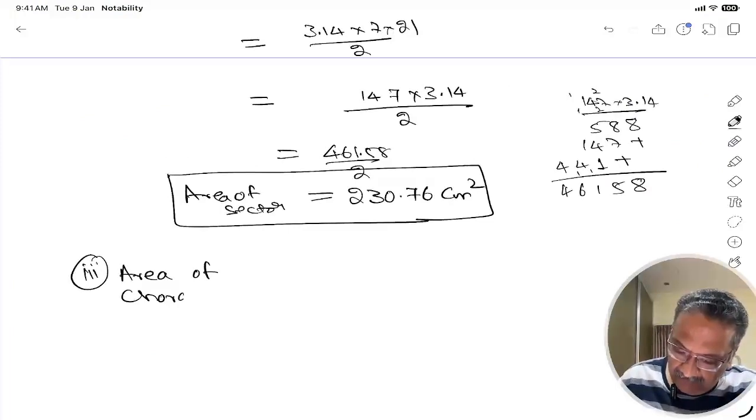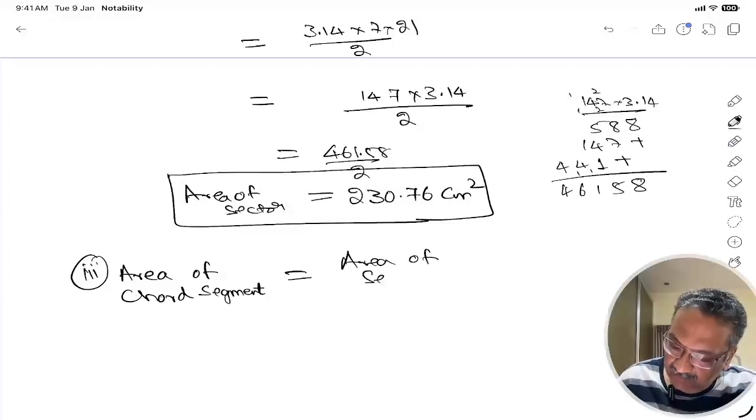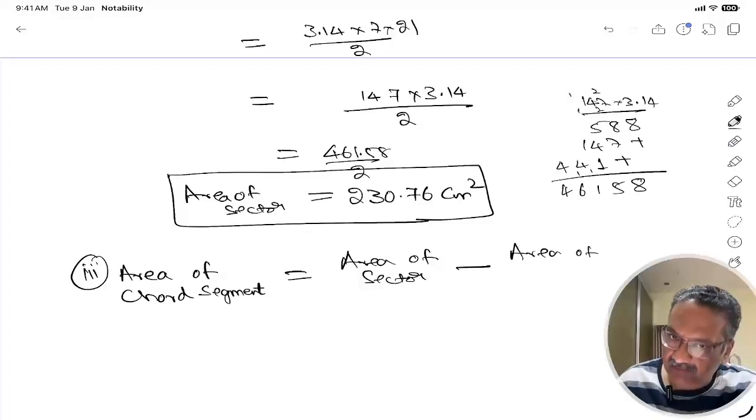Area of chord segment is the area of the sector minus the area of the triangle.